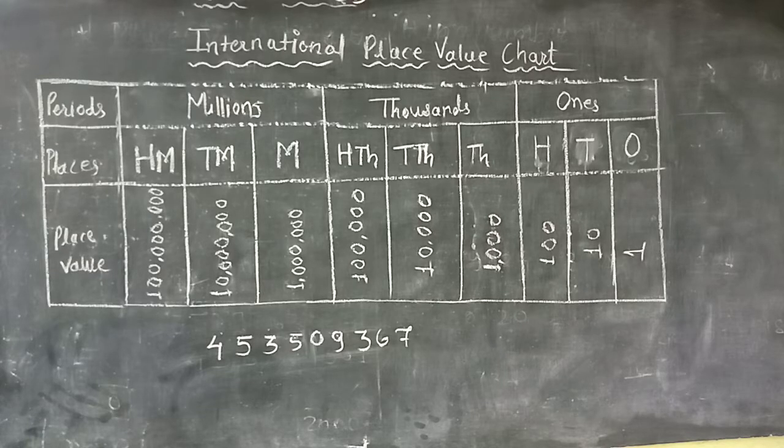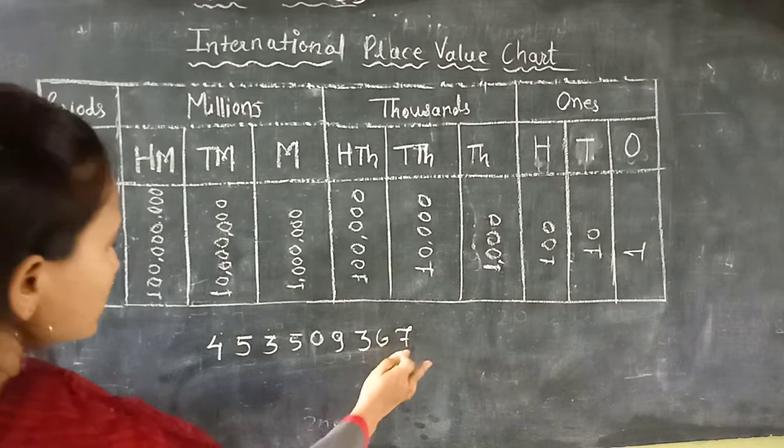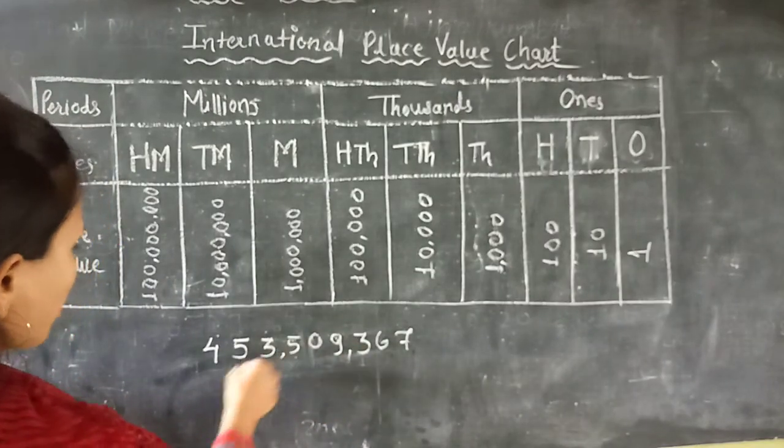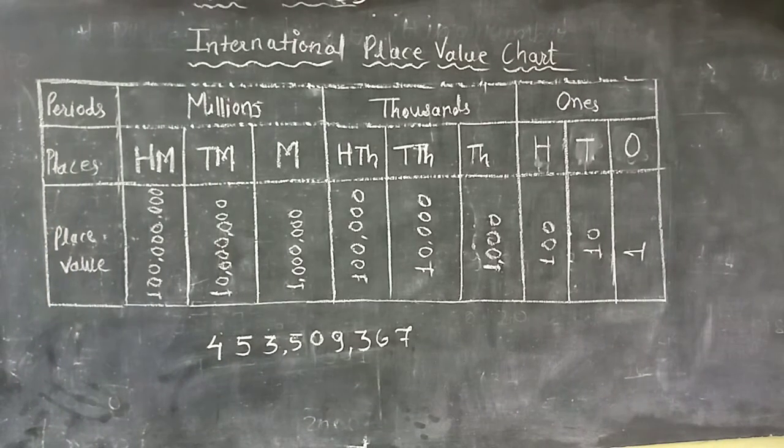In the international system of numeration, it is very simple how to put the commas. From the right, you have to consider a group of three digits, like 1, 2, 3, comma, 1, 2, 3, comma, and 1, 2, 3. It will be as it is.